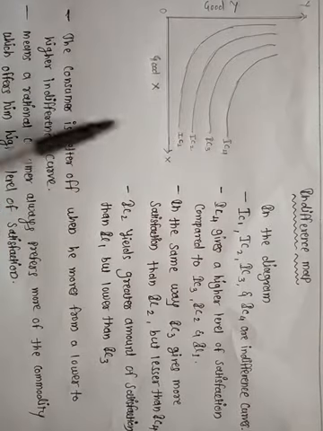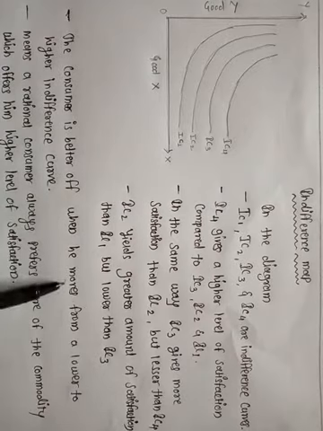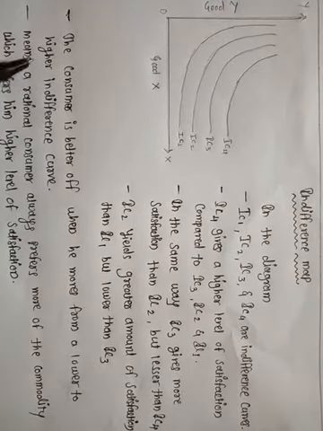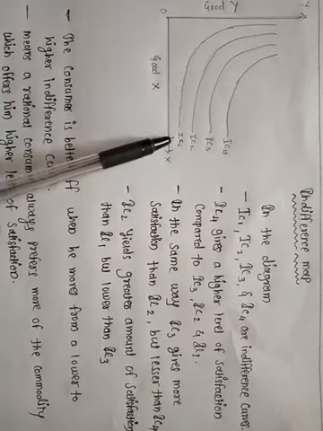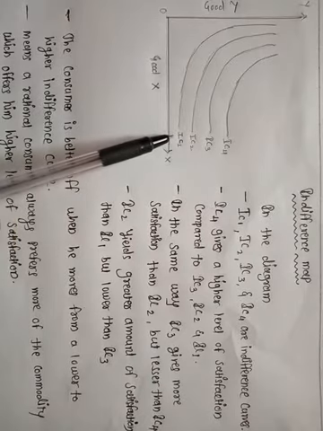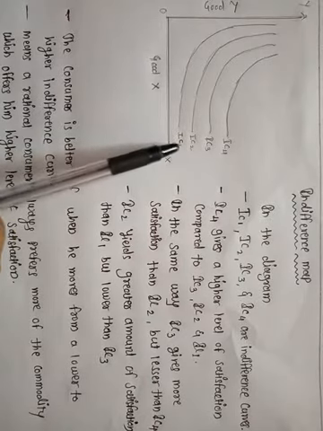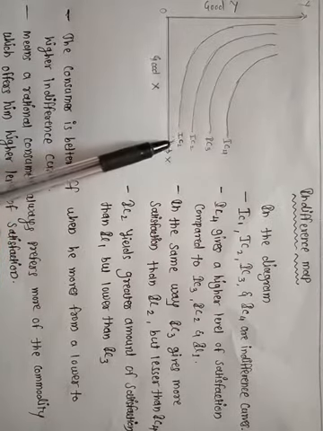See here, the consumer is better off when he moves from a lower to a higher indifference curve. When the consumer moves from IC1 to IC2, he gets more satisfaction than on IC1.